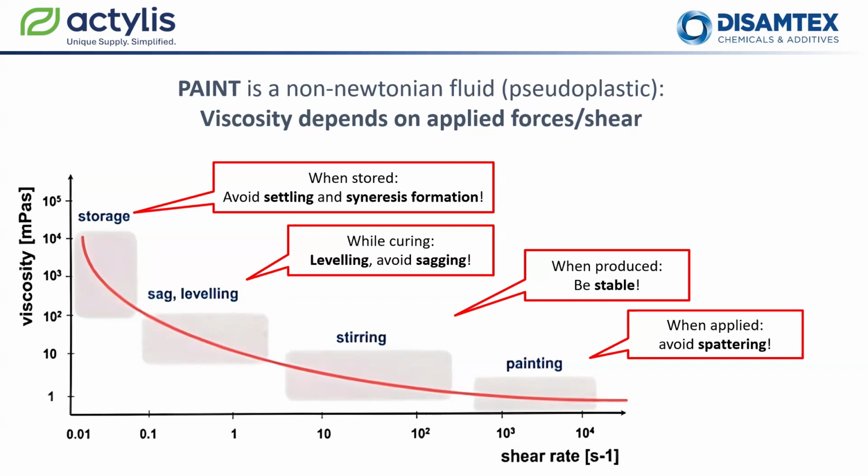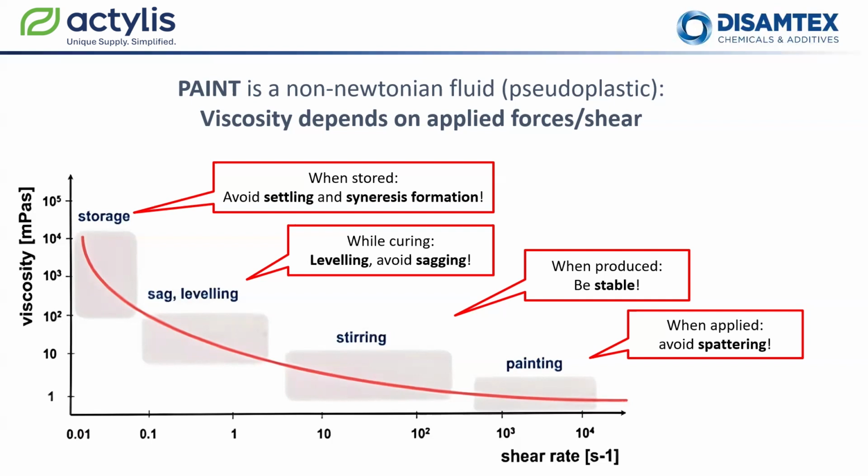If the pH is right, then the paint stays stable during storage, so there is no settling. The paint flows well when applied, so there is no spattering. The paint levels nicely when drying, so there is no sagging. So in short, pH modifiers keep the paint's viscosity balanced and stable through all stages: storage, application, and drying.